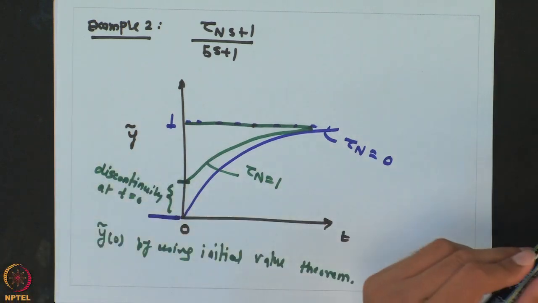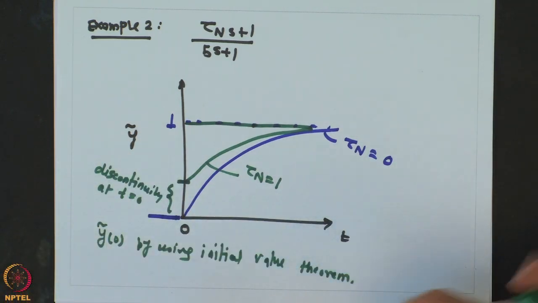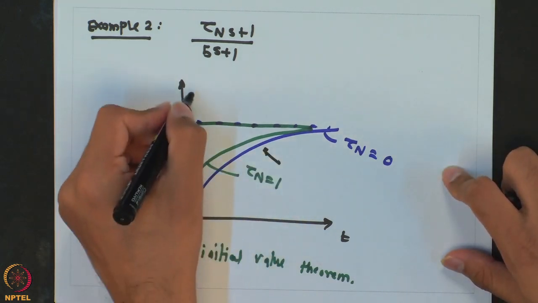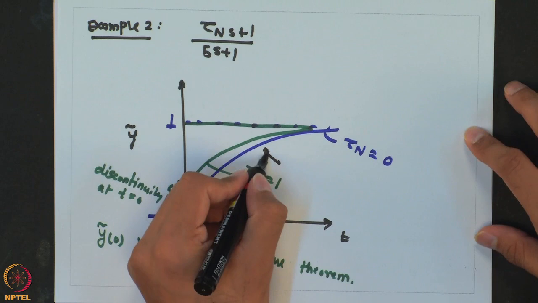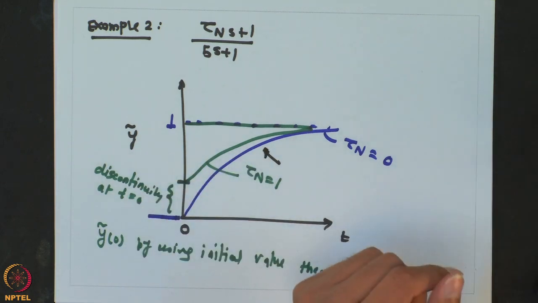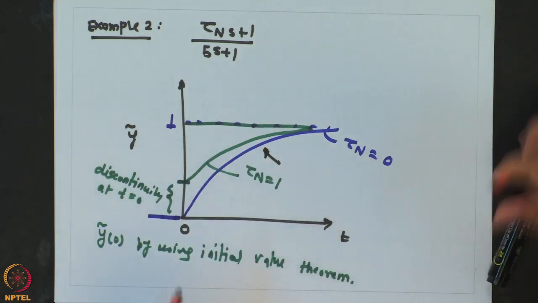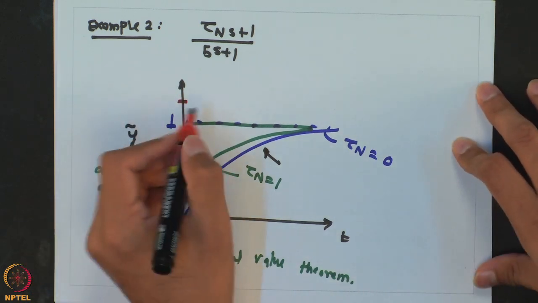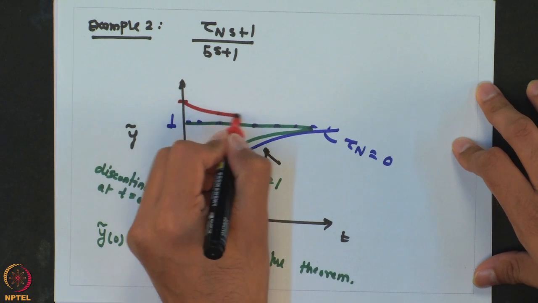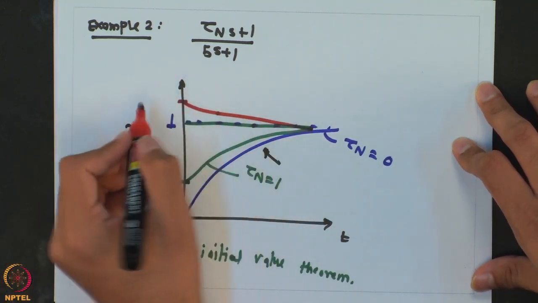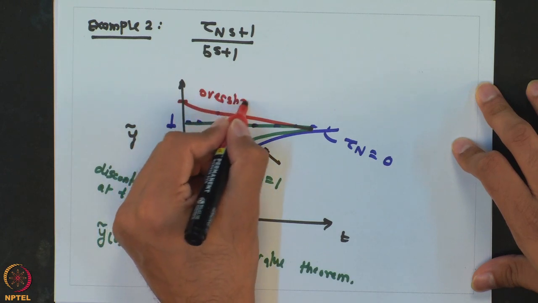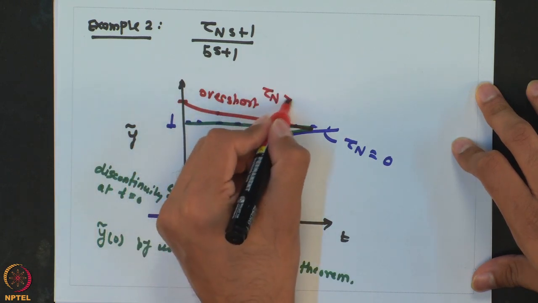We have been increasing tau n and the response is moving in this direction. As tau n goes beyond 5, in that case what you would see is the response will start at a value higher than 1 and it will go down to 1. So, again what you are going to have is an overshoot when tau n is greater than 5.